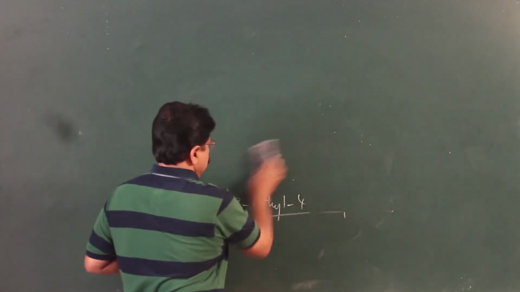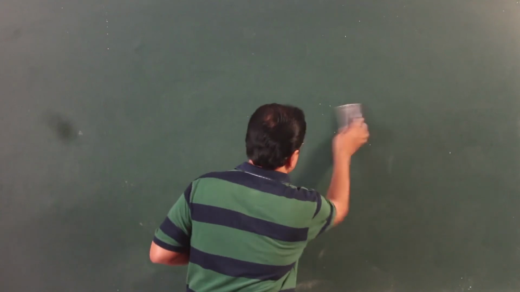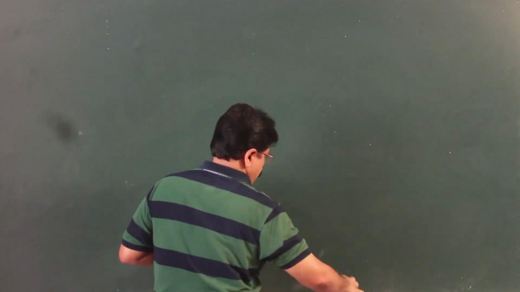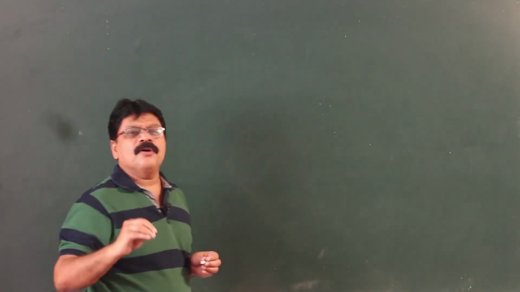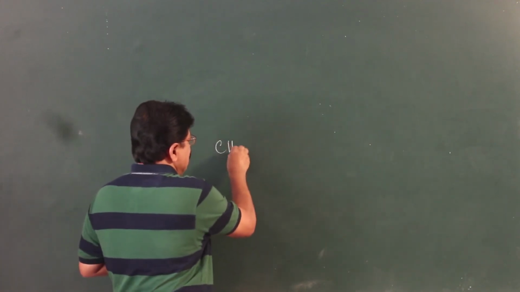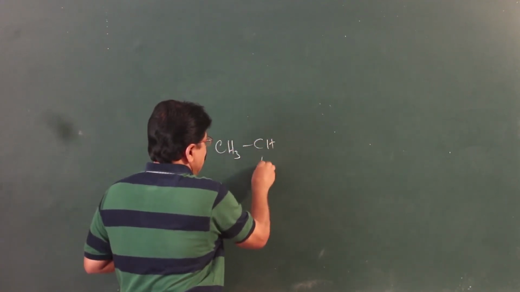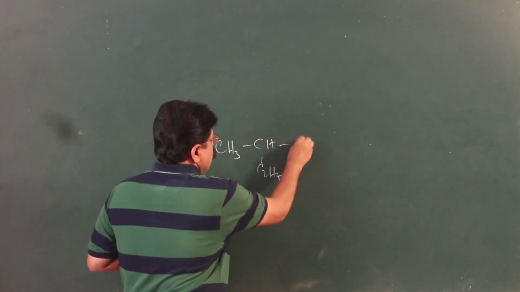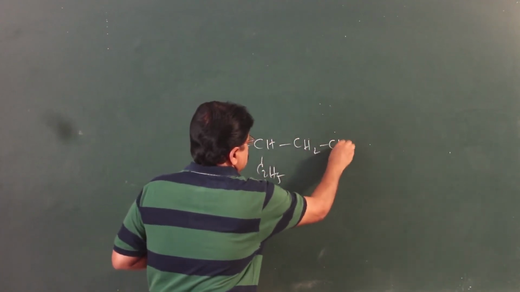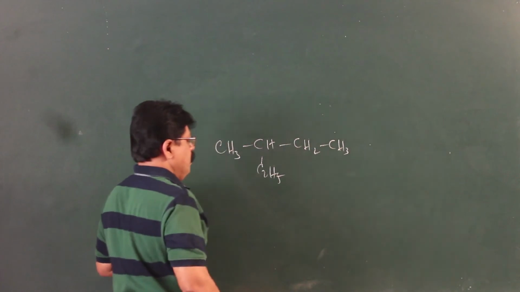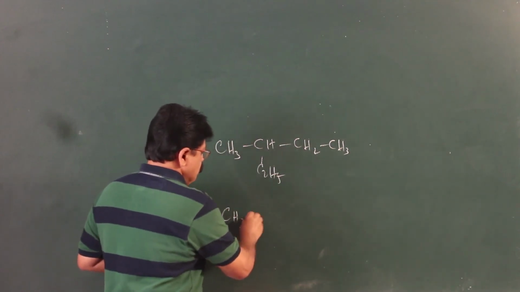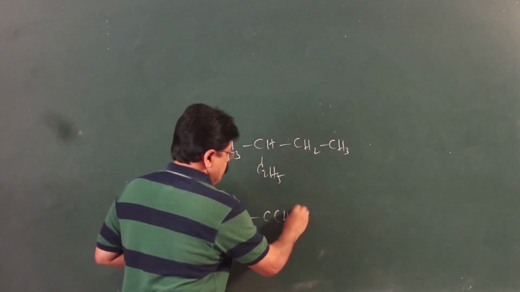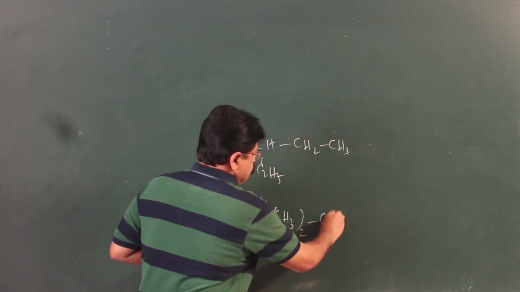Suppose there are compounds where you will find, specifically in the old naming system, compounds of this nature or compounds of this nature. What must you do?